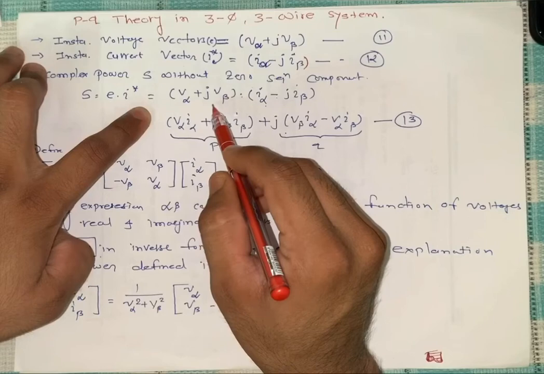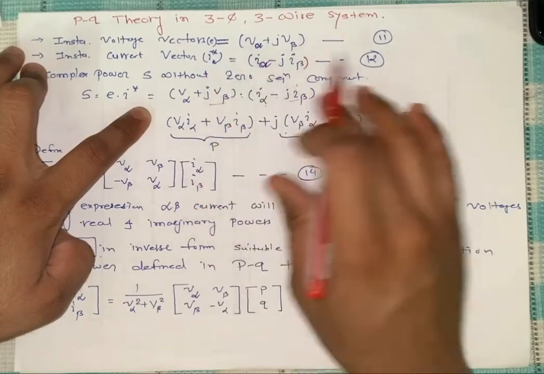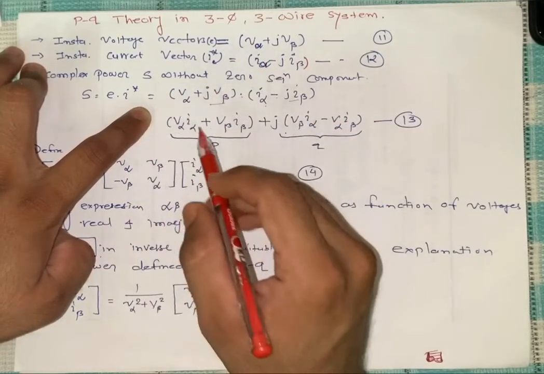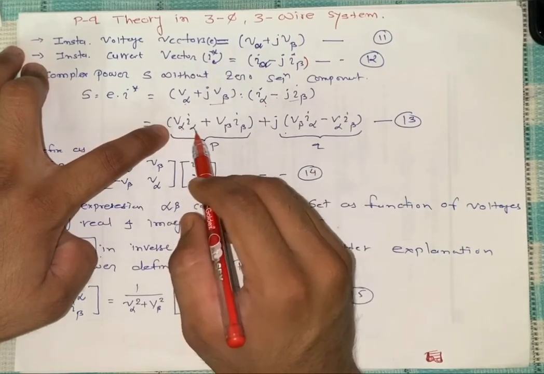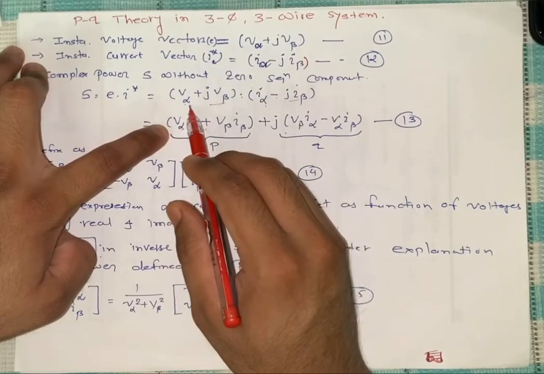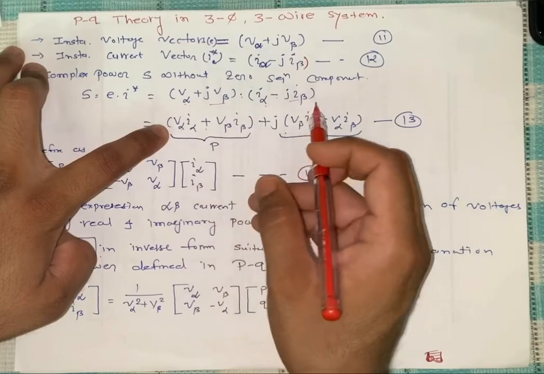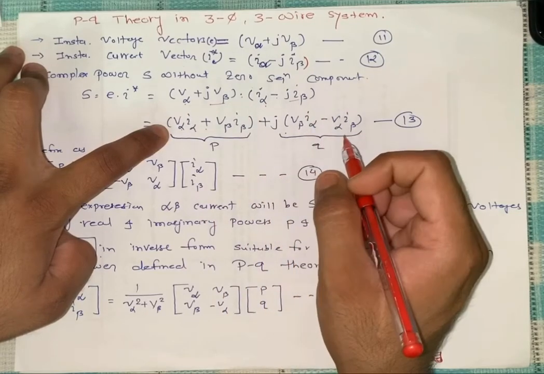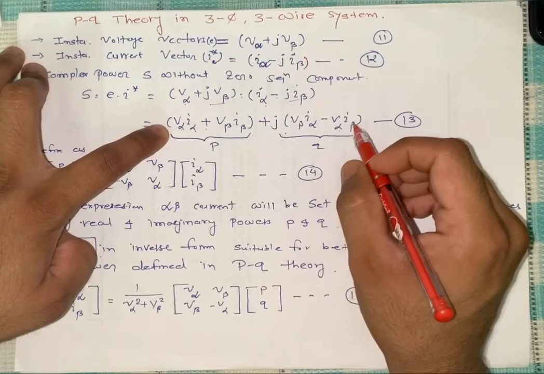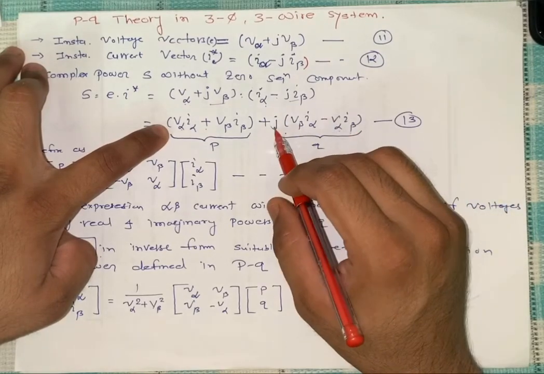What I try to do is separate the imaginary part and the real part. So V alpha I alpha, plus V alpha into minus j I beta, where j is common.